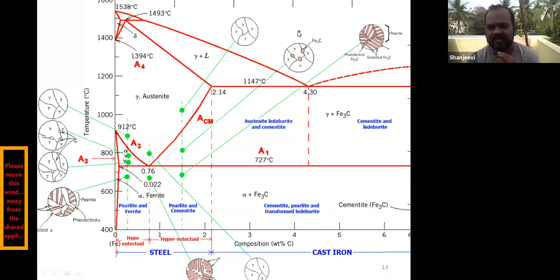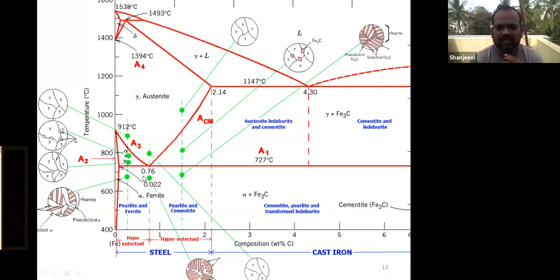And the last one is the eutectoid reaction. So peritectic, eutectic, as well as eutectoid reaction. These are the names representing them. I think you are now clear.